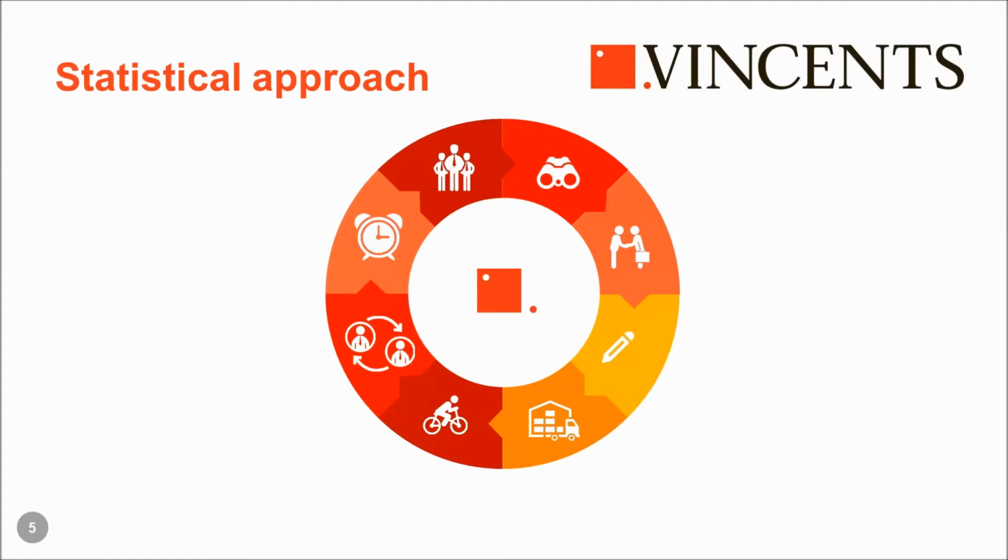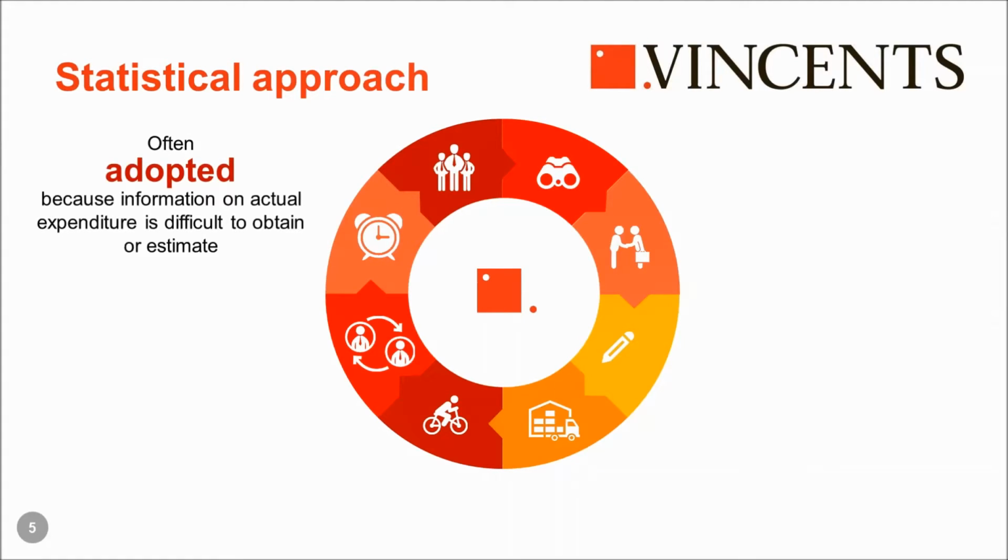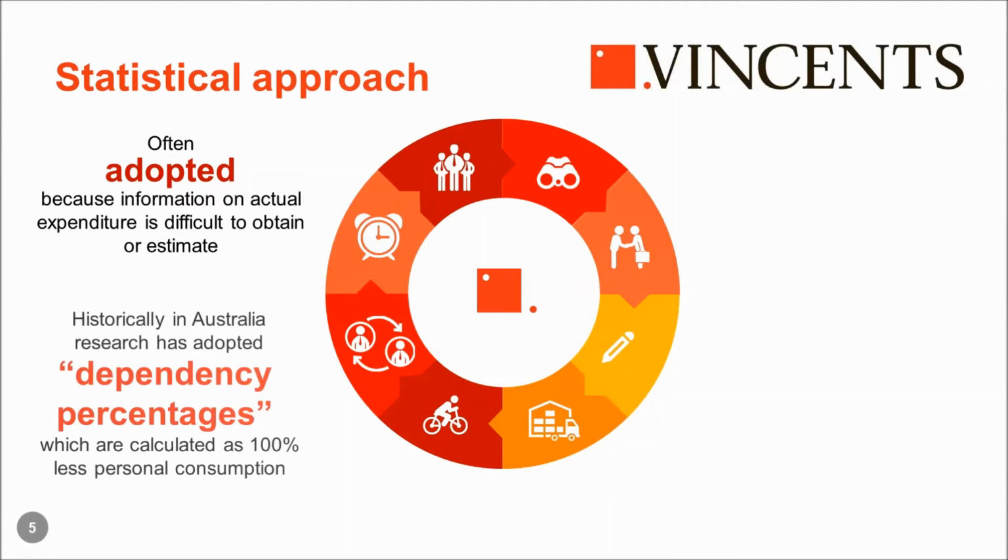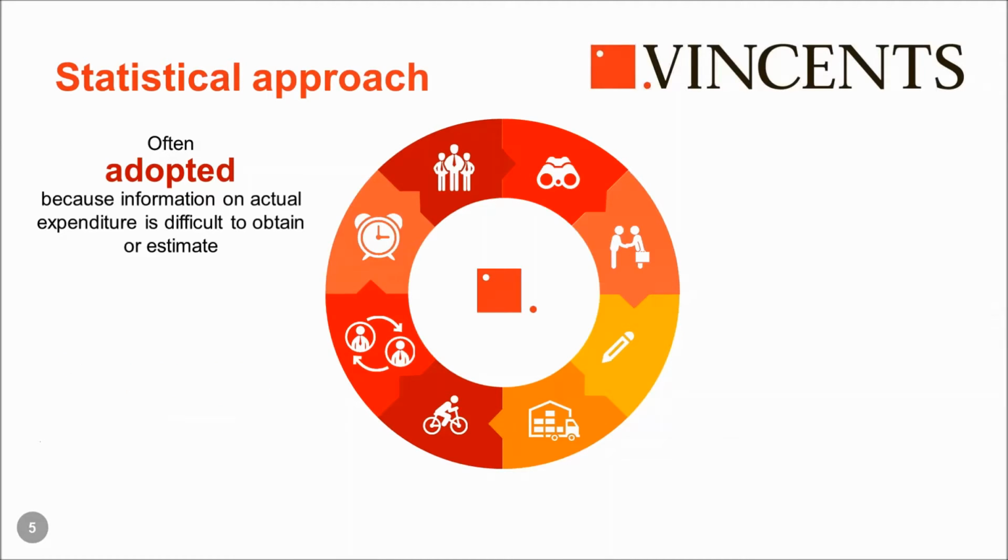So the statistical approach that we're talking about, and it's often adopted, as I said, because actual expenditure is difficult to obtain or estimate, has been done with reference to these things called dependency percentages. Now, the thing to understand about dependency percentages is really what they are is 100% less personal consumption as a percentage of income. It goes back to that first principle that loss of dependency is equal to income less consumption. So that's always been the approach.